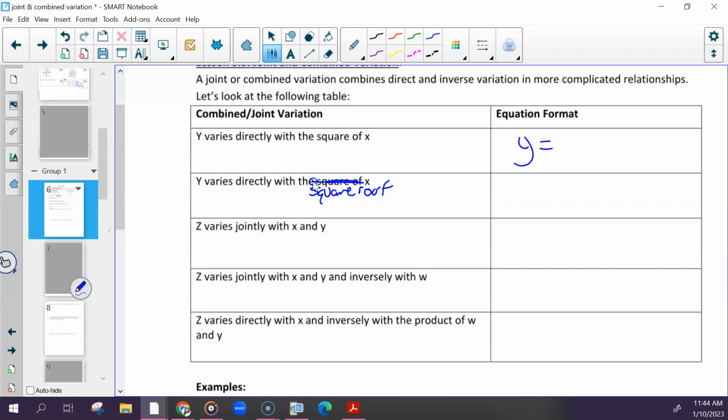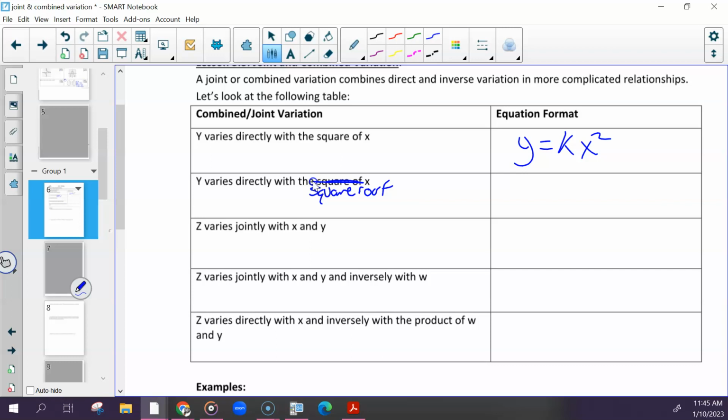We still need our k in there somewhere. It will always be right after the equals. How would we write with the square of x? Exponent. So x squared. Okay. So pay attention to the words because that'll tell you how to write these equations.